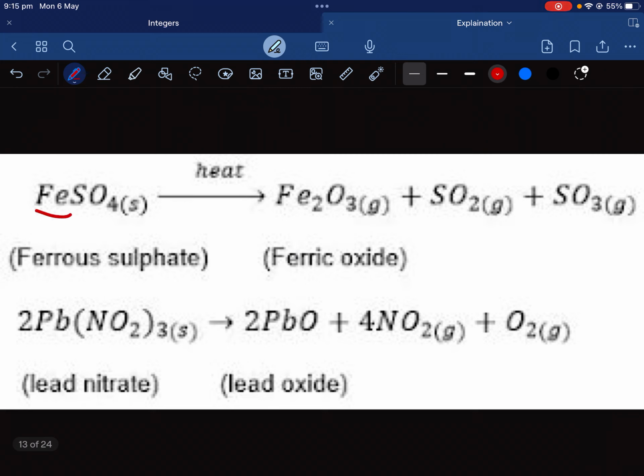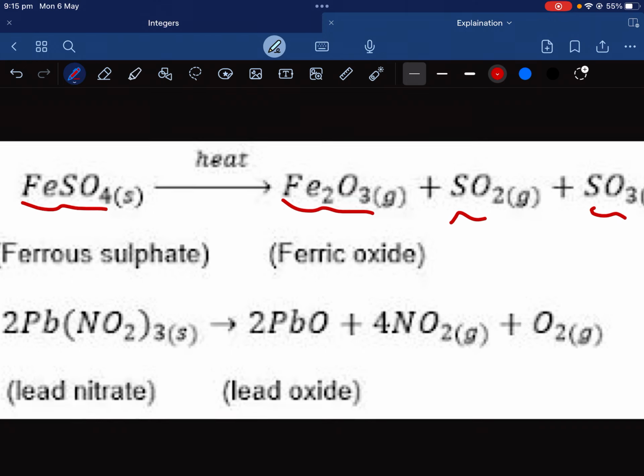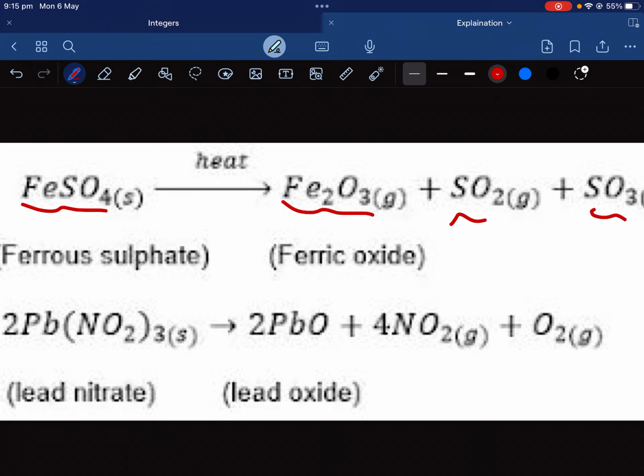We have ferrous sulfate, that is iron sulfate, breaking down into ferric oxide plus SO2 plus SO3, all three in the gaseous form. Then we have lead nitrate reacting to become lead oxide plus nitrogen oxide plus oxygen.